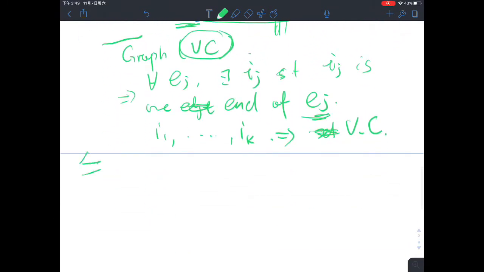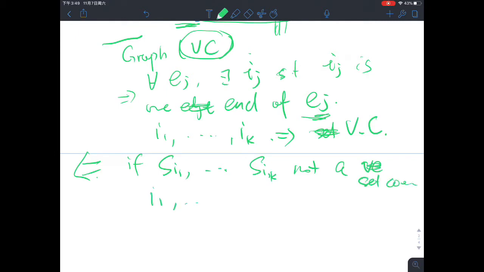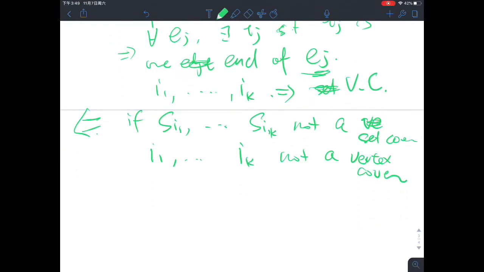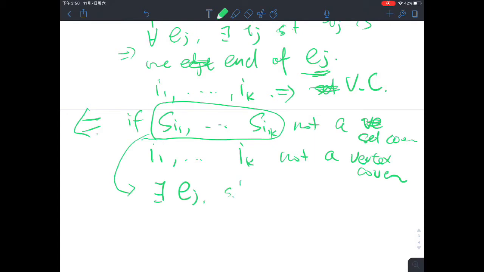And now we want to show the other direction, the only if direction. That basically means that if Si1 up to Sik is not a set cover, then I1 up to Ik is not a vertex cover. The proof direction is also similar. If all the subsets here do not form a set cover, that means there exists an edge such that Ej doesn't belong to any of the Sij for all Ij.